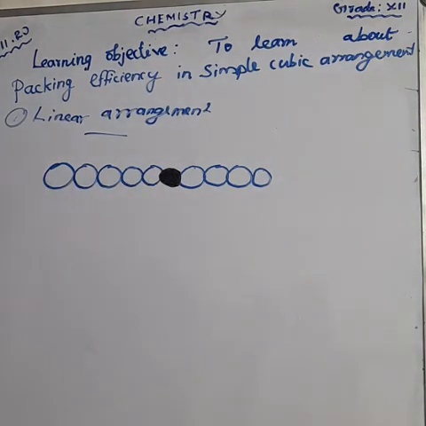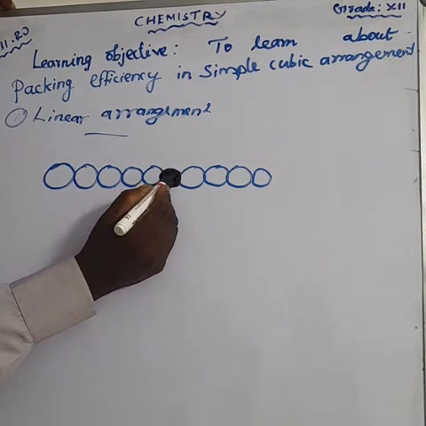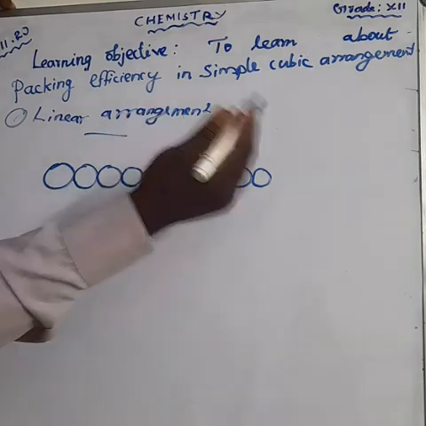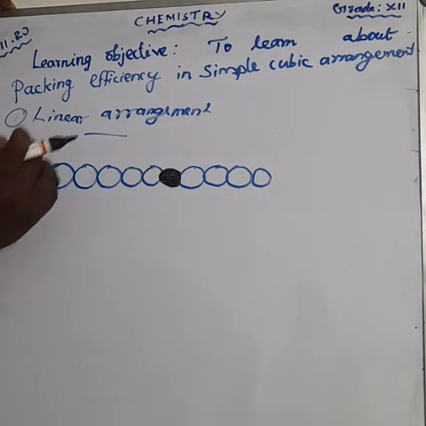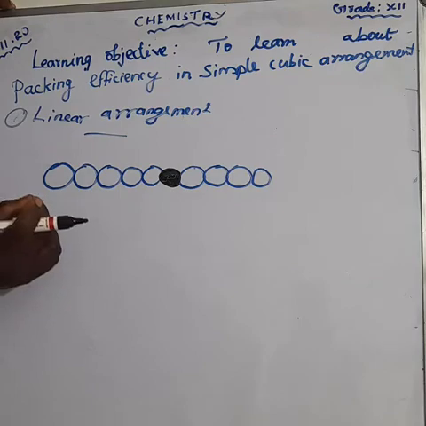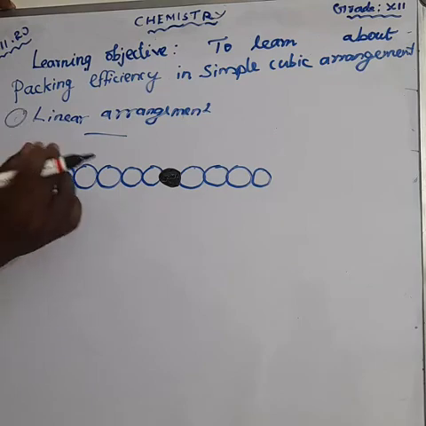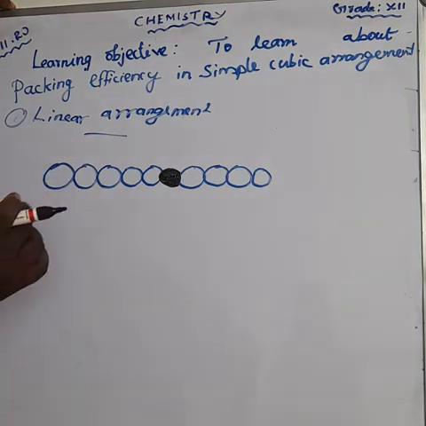Here, in the arrangement, each sphere is in contact with other spheres. What does that mean here? The two neighboring spheres on either side. Am I right?